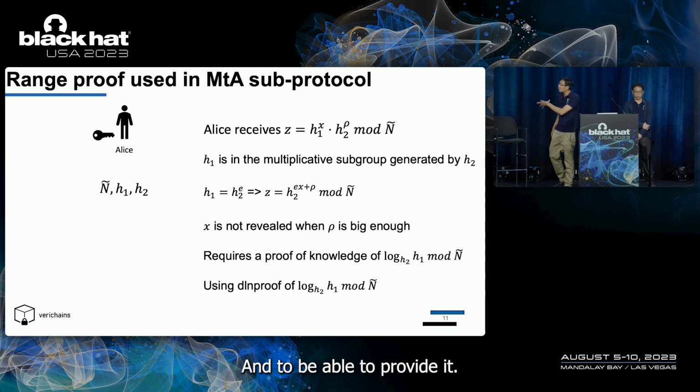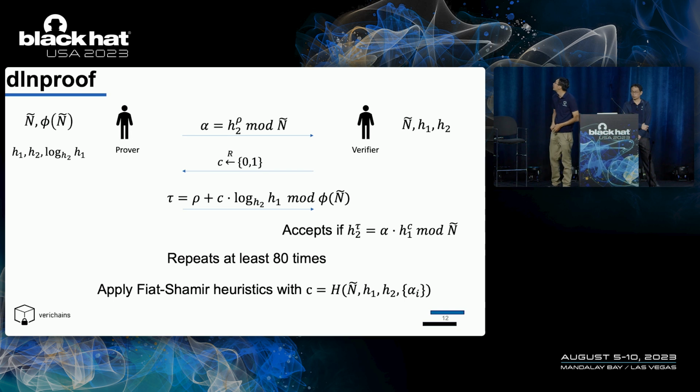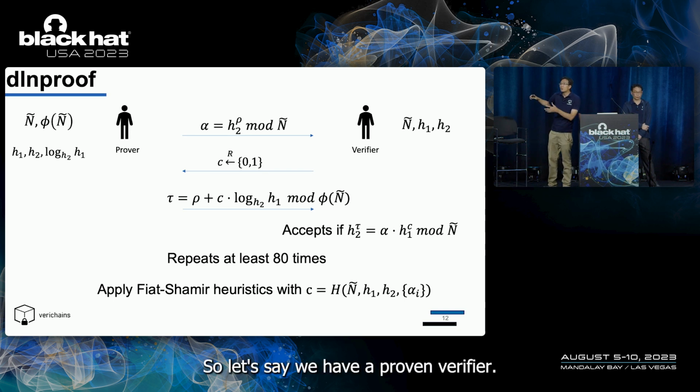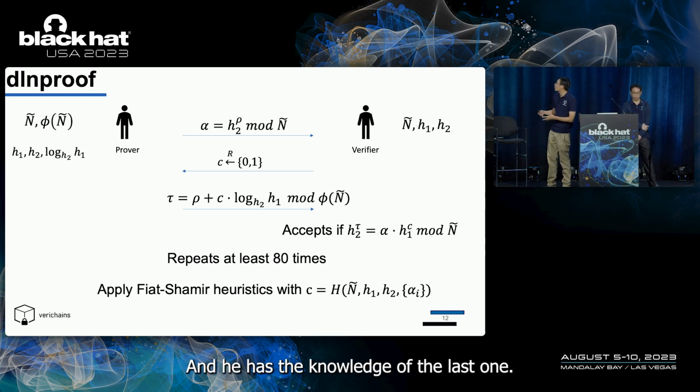To be able to provide this, Alice will have to use a DLN proof of the log. So how does a DLN proof work? Let's say we have a prover and a verifier. The prover has N tilde, phi of N tilde, H1, H2, and the knowledge of the log base H2 of H1.